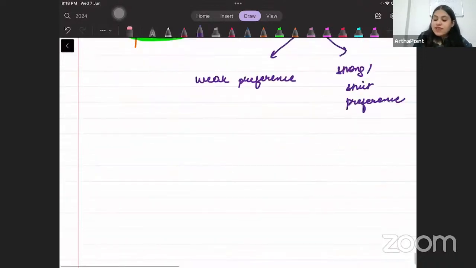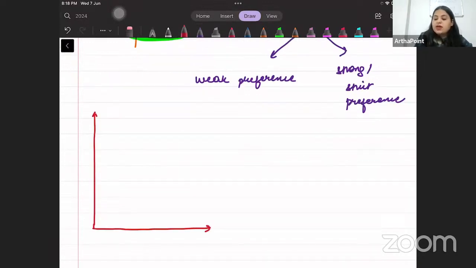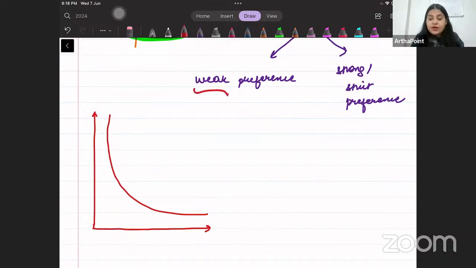So when I say weak preference, it basically means that you will include all points which are weakly preferred to the points on your IC. If you remember, weak preference is X R Y from the last class.